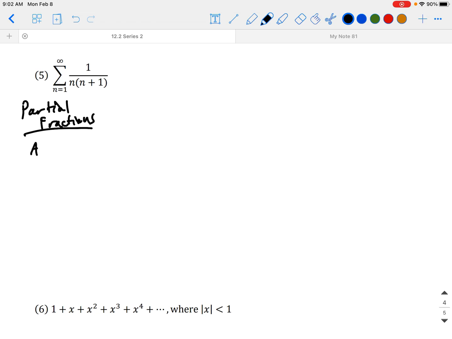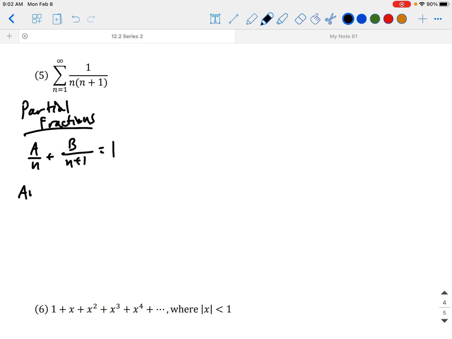So if I have a over n plus b over n plus 1, then we can maybe split this up into 2 pieces and work with those 2 pieces separately. Because if I have a product in my sum, that's a little trickier to work with than a summation in my sum. So note, if we go ahead and try to solve this, this is going to be equal to 1 since that's our numerator.